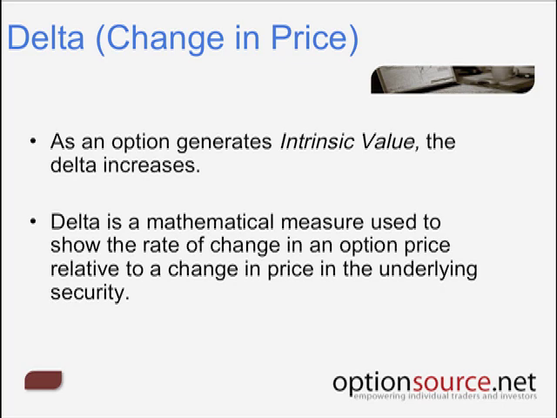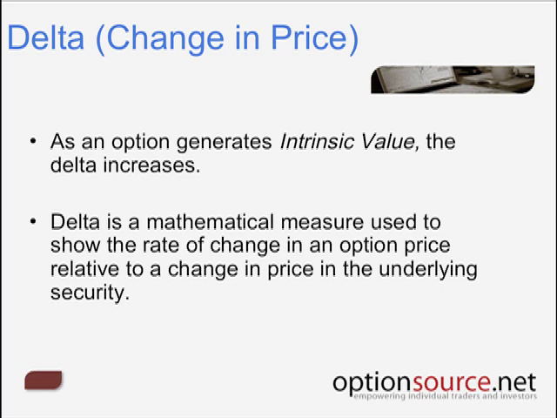Now, there are a number of different variables, as I mentioned, that influence the price of an option contract, but the one that is most correlated with the option contract in its relation to the underlying security is the option delta.